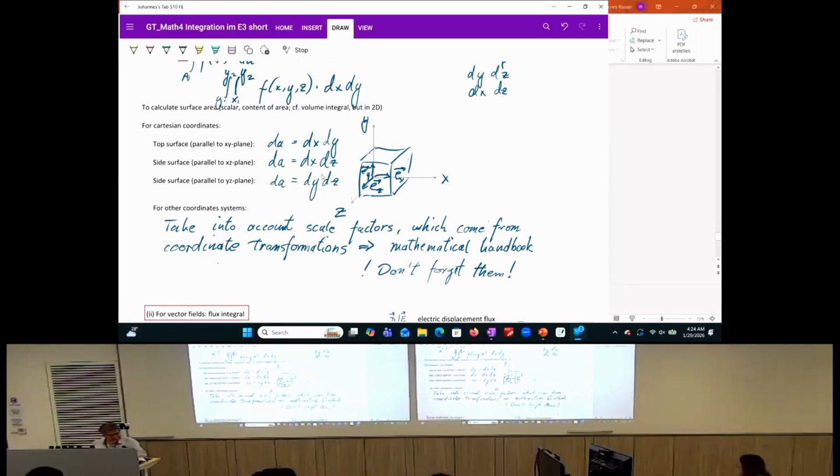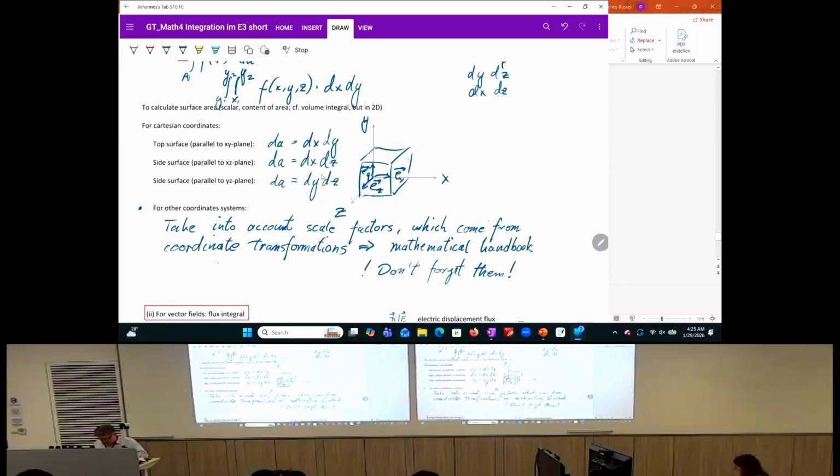Very important. What we are also encountering often: we have now said we have volume integrals, we have surface integrals, and for the surface integrals we used, like for the cuboid, this top or bottom surface. But what you also often have is closed surface integrals.